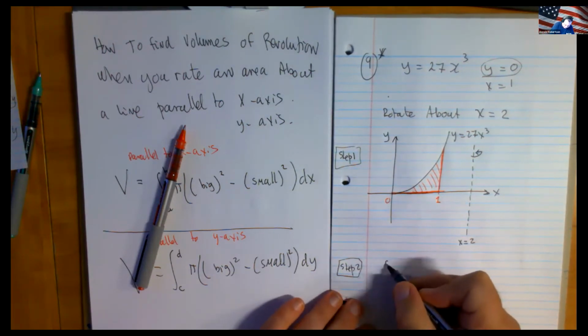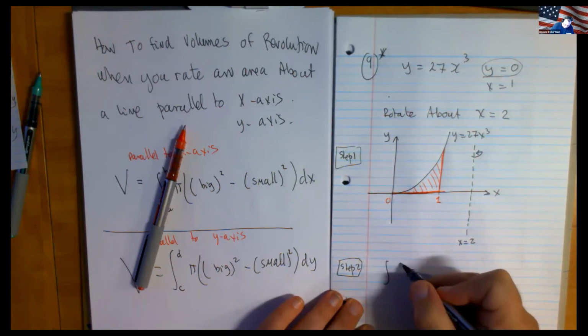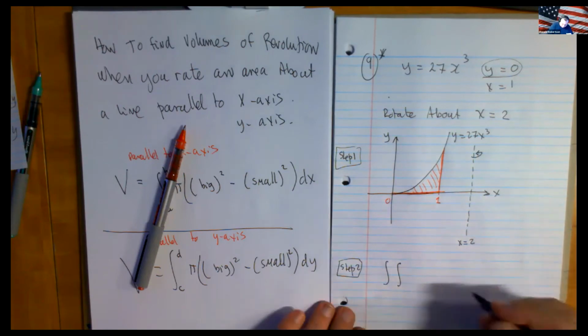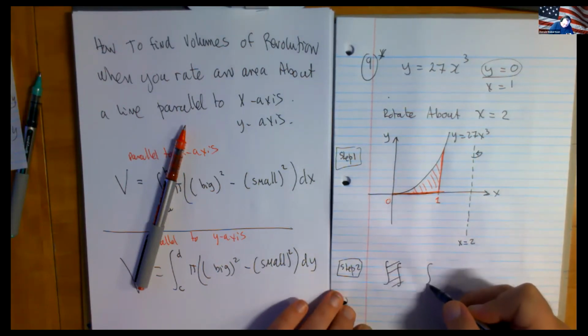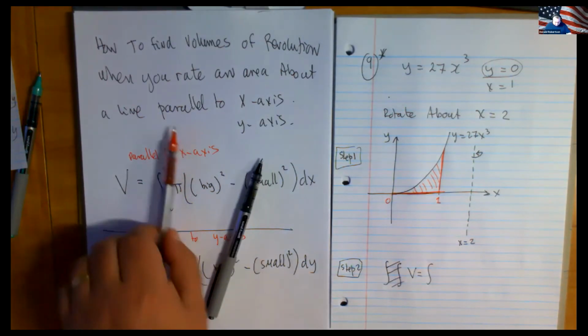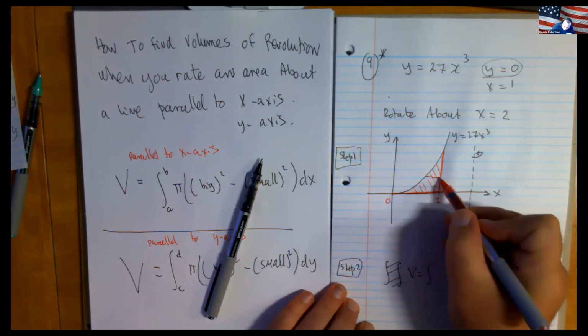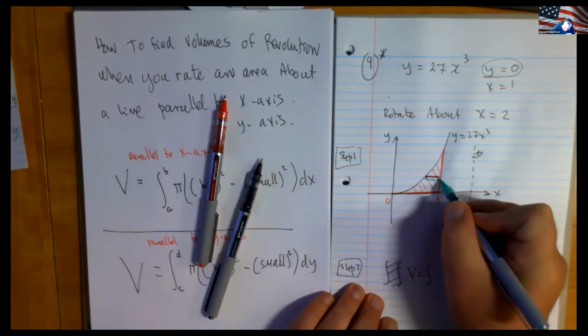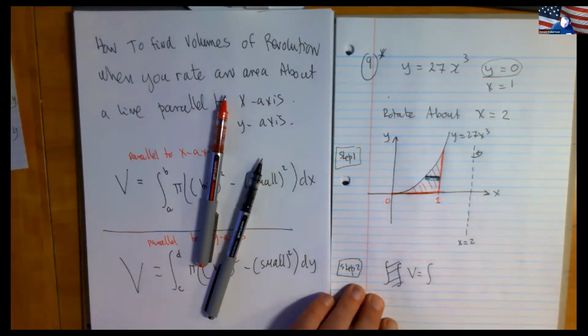So it's going to be the integral. Now if you're going to do this particular guy parallel to the y-axis, aren't you going to have to draw a rectangle that looks like this fella? Agreed? And where do the y values go?